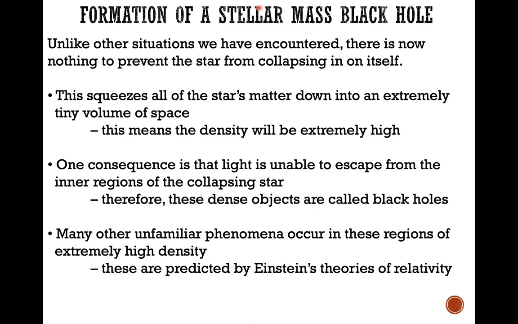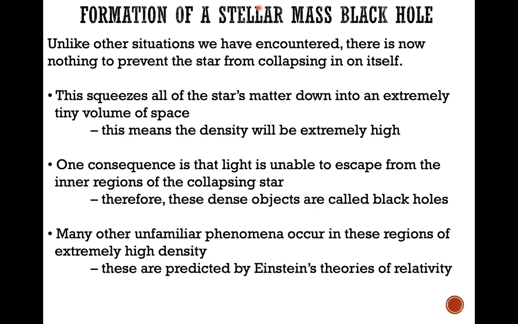Since there is nothing to stop it, all the matter in the star will be squeezed to an extremely tiny volume of space. What this means is the density will be extremely high. So these are like unthinkable densities.